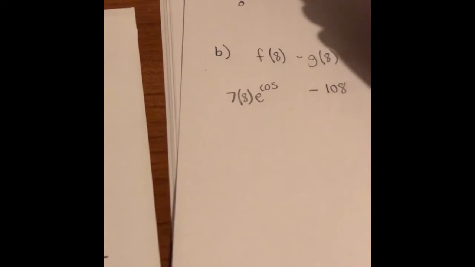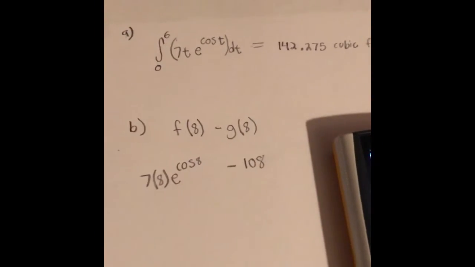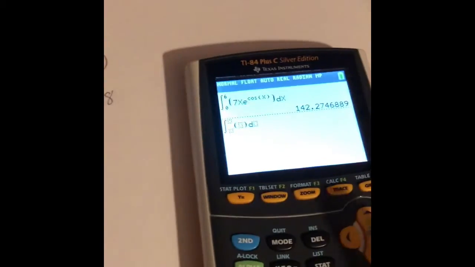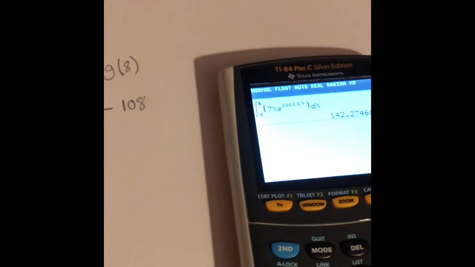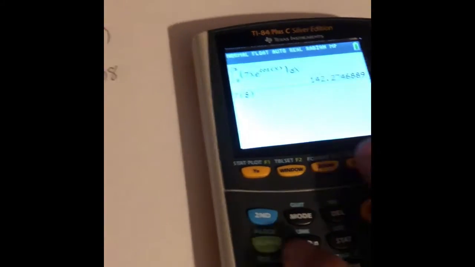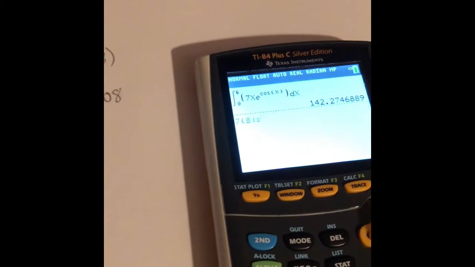So it'd be 7 times 8 e to the cosine 8. And then use a calculator: 7 times 8 exponential cosine 8.